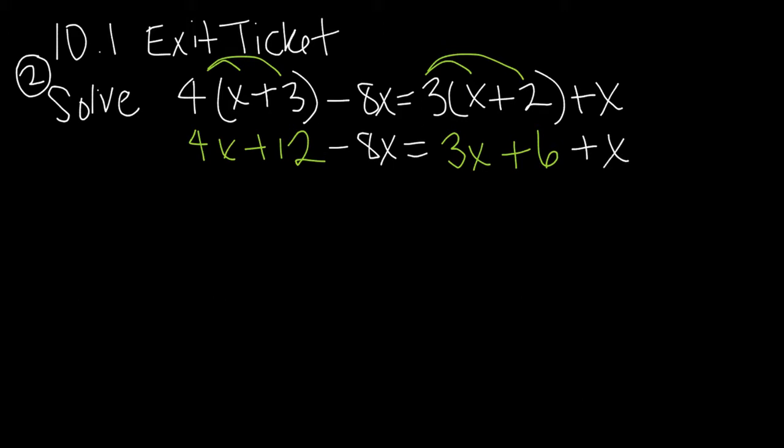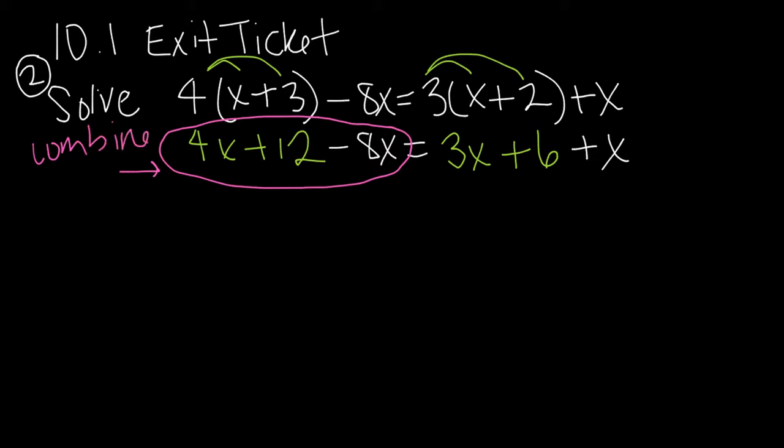And now we want to look only on the left side. So we're going to look only on the left side, and we're going to combine terms on the left side. So that means combine like terms, or add together terms that are alike.